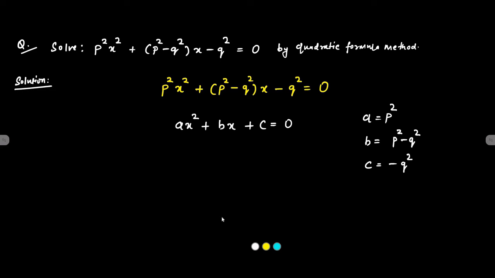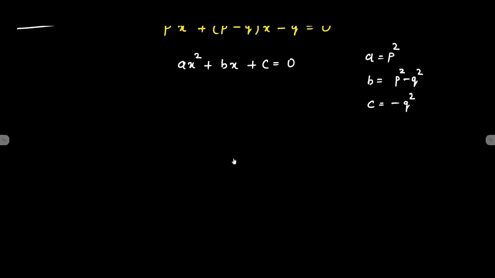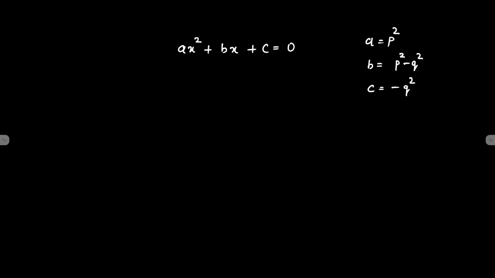So here, as per the quadratic formula, the two roots of the quadratic equation will be minus b plus minus root of b square minus 4ac by 2a.